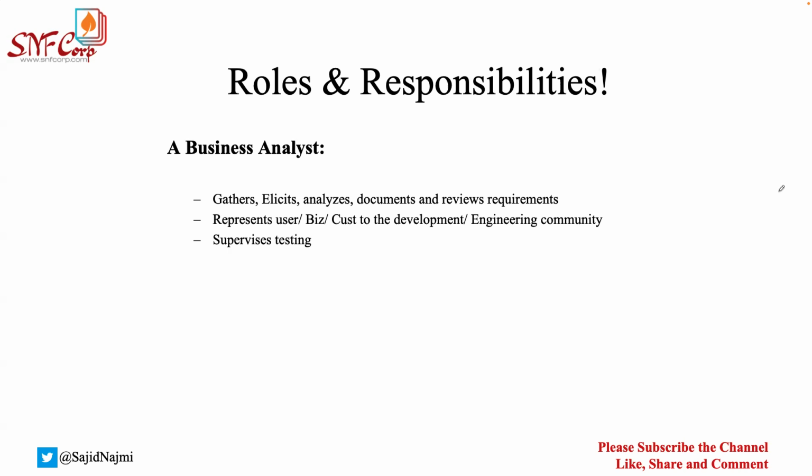Baseline is like officially approved documents. So the business will review your document and approve it if they do not find any changes, issues, or conflicts. They will say, okay, this is exactly what I want you guys to develop, so please go ahead, and they will provide you an official sign off through email or maybe through written documentation with stamp and signature. It all depends on how your company works. So this is very important.